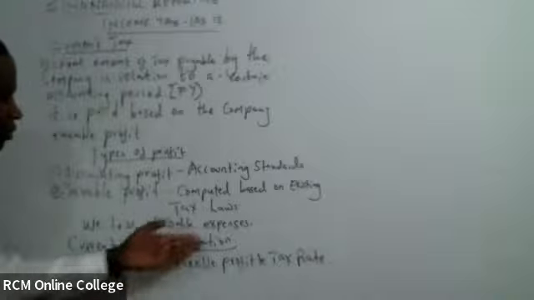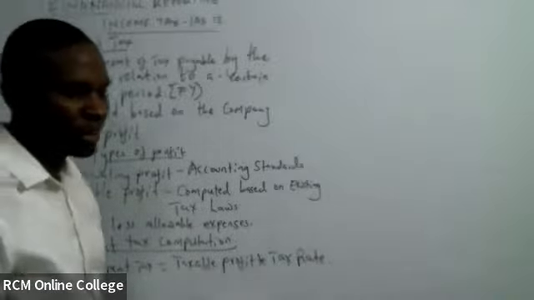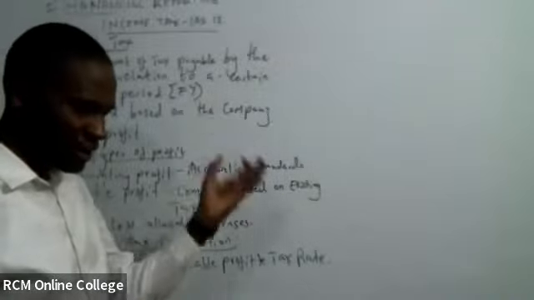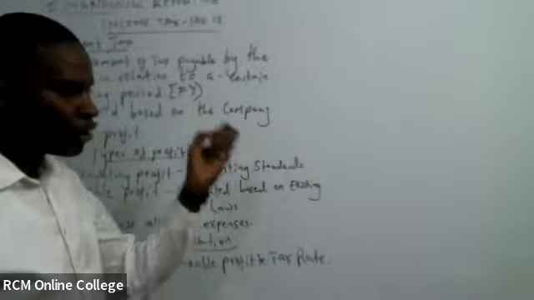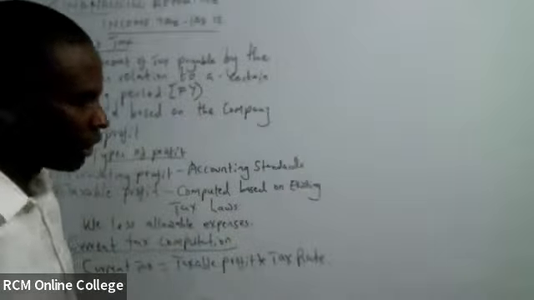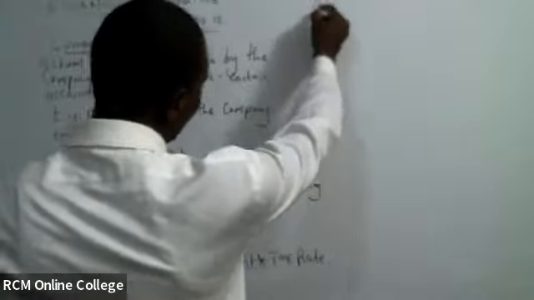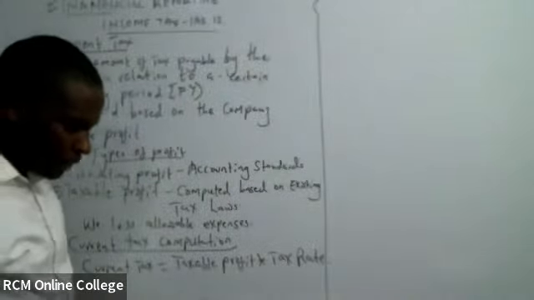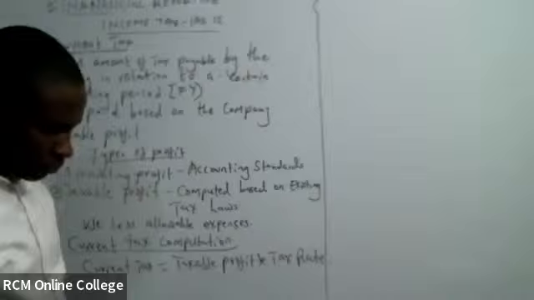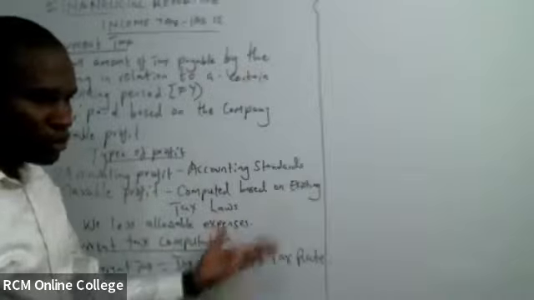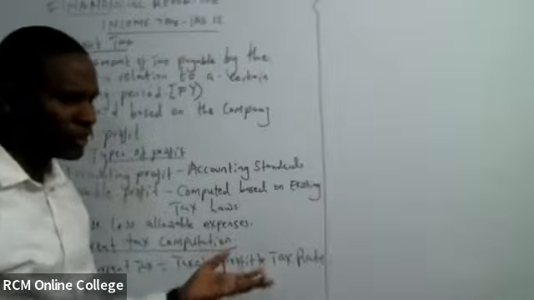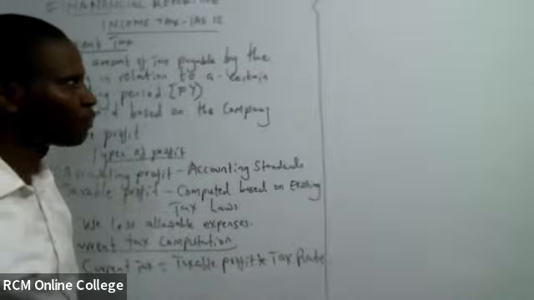At this point, your taxable profit can be, maybe, profit before tax. If the tax rate is 30%, then it is 30% of the profit before tax. Remember, the prudence concept is applied here, whereby we create a provision.